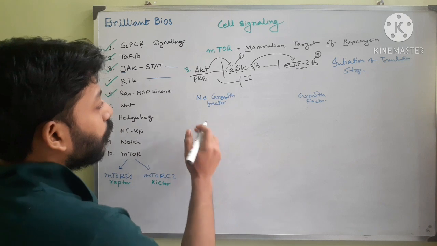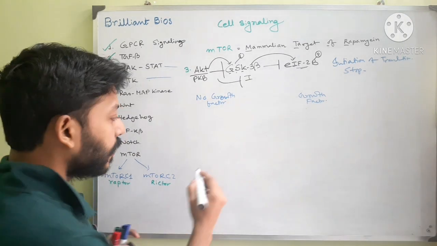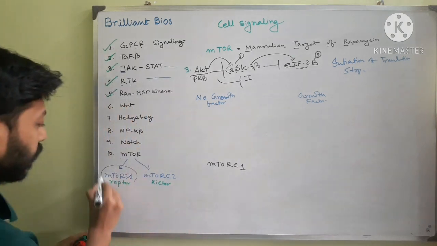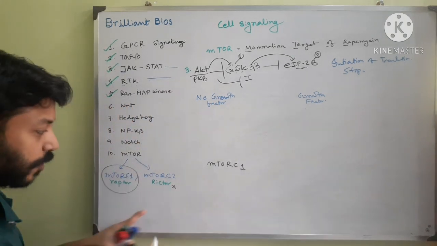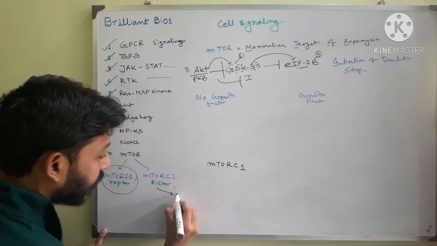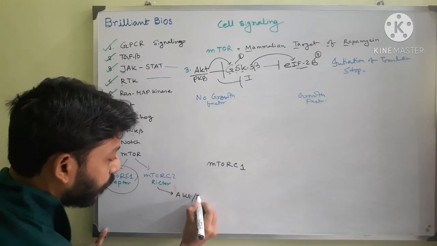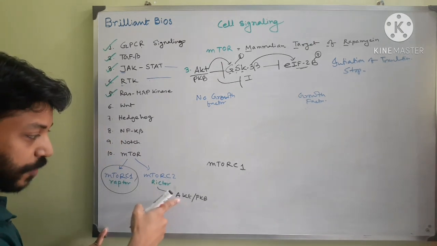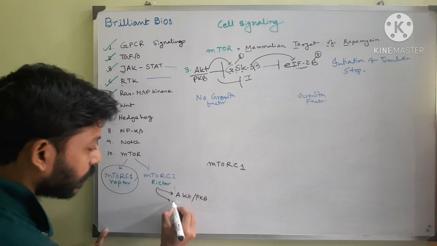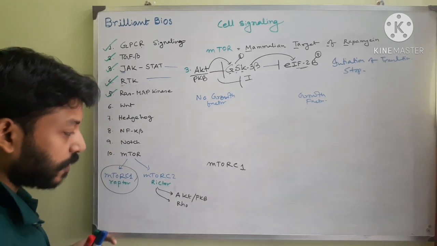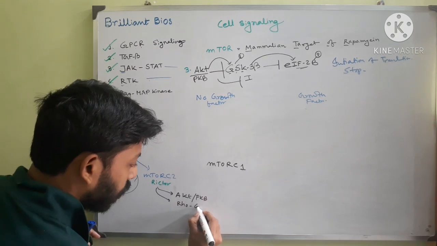The thing is, when there is no growth factor, the mTOR C1, that means this complex, not this complex, because I have mentioned this complex helps in the activation of AKT or PKB, and this complex also activates a RAS GTPase like protein called Rho GTPase.